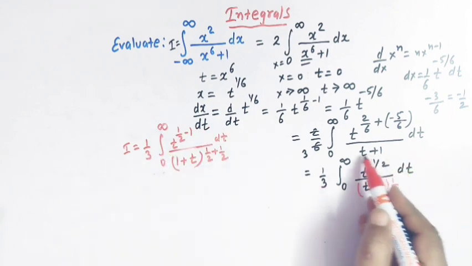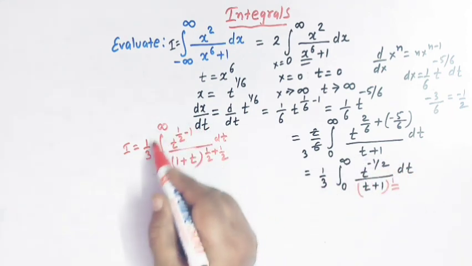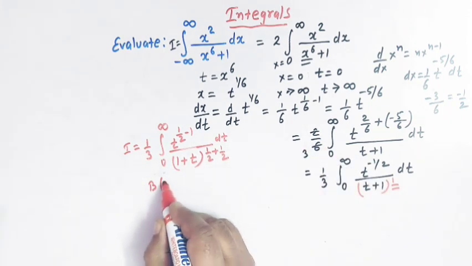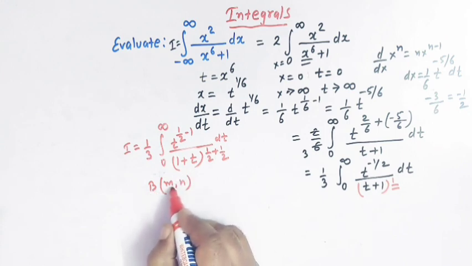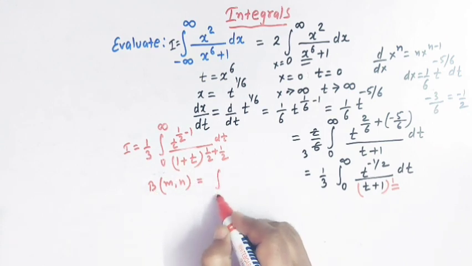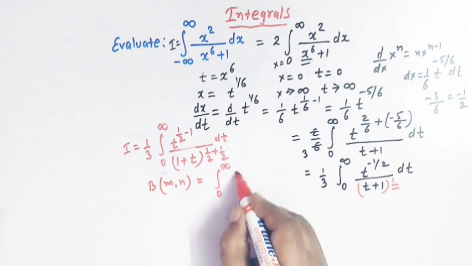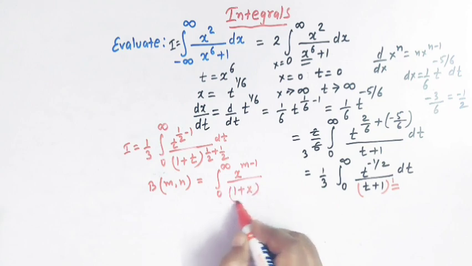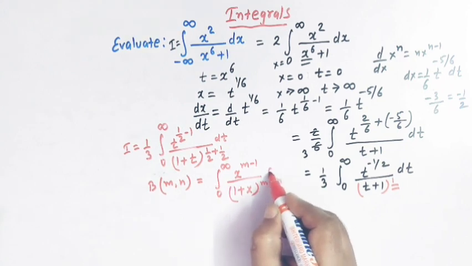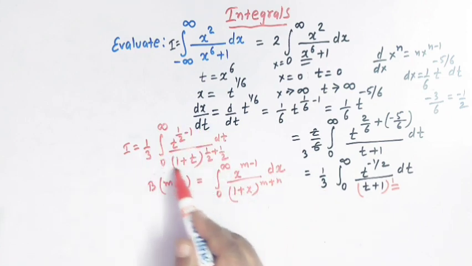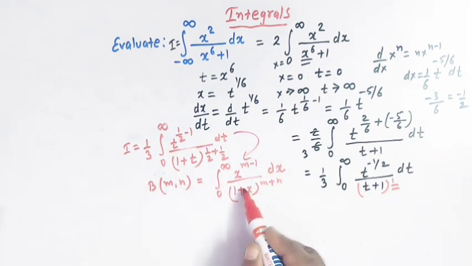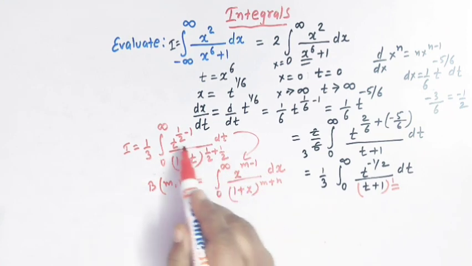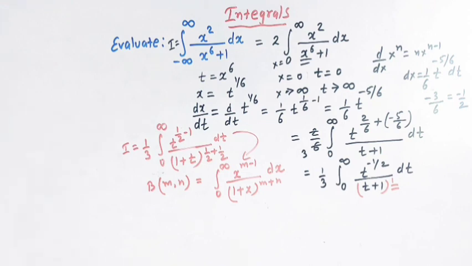Why have we expressed this integral like this? Because we know the rule for the beta function, that is, beta(m, n) is given by this integral, 0 to infinity x raised to m minus 1 divided by 1 plus x raised to m plus n, right? So here this integral is now similar to this one, except for the variable, because the variable is a dummy variable and it is not going to make any difference, right?